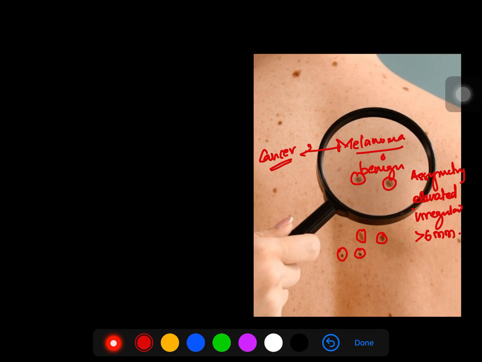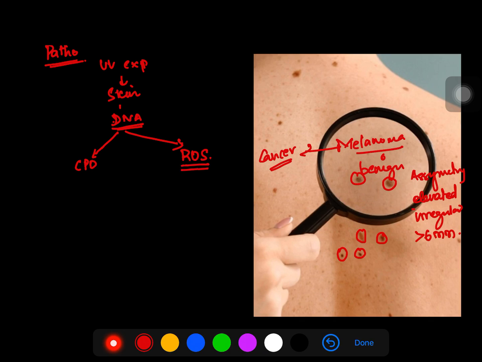So what is the pathophysiology behind the formation of melanoma? When UV light is exposed to our skin, DNA will produce thymine dimer products. What are they? It can be CPD products or 6,4 photoproducts, or reactive oxygen species.